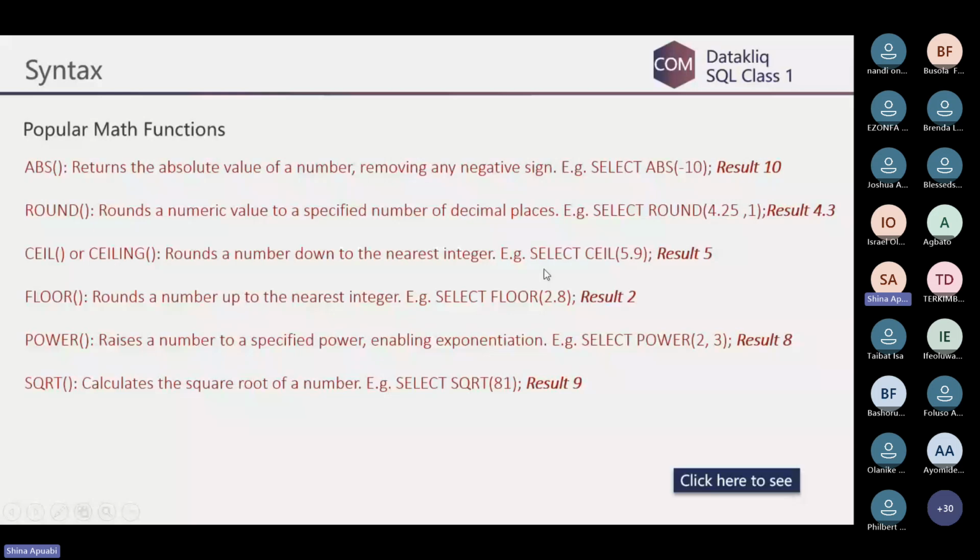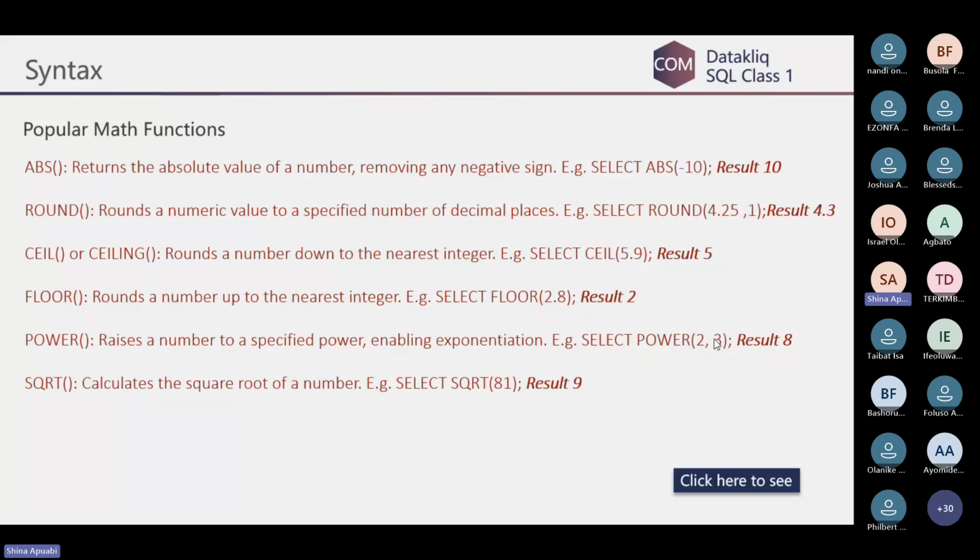So we have another one, power. Instead of saying 2 raised to power 3, this is what it means. If I want to say 10 raised to power 2, I'll just put 10, and put 2 here. There is a way we can do some advanced functions whereby we can multiply all this column a number of times.